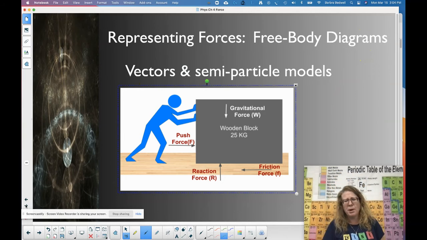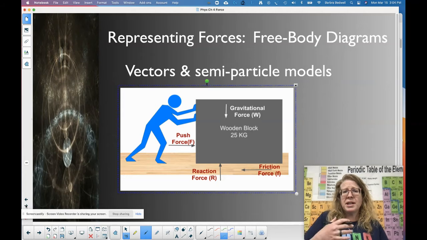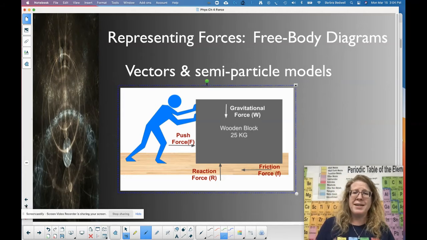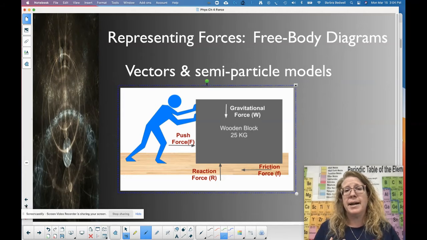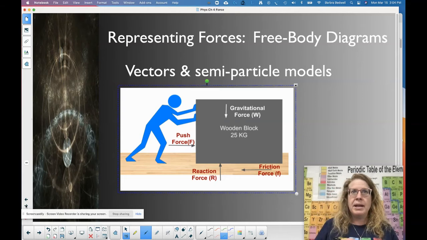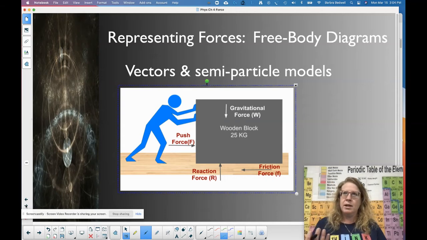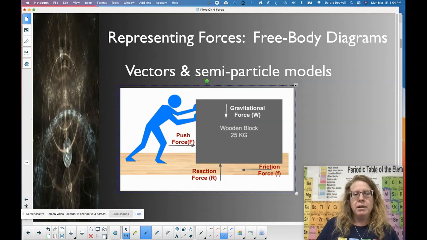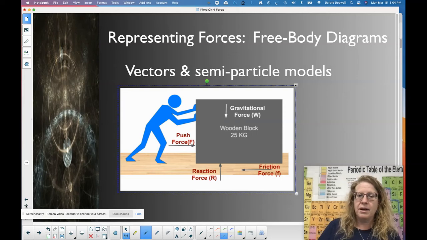Okay, so as we're trying to represent these, and I started to kind of draw one in that last picture, as we're starting to represent forces, we start to draw these diagrams, and these are called free body diagrams, a really common name for these things. Kind of like motion diagrams, but something doesn't have to be moving, so that's why we call them a free body diagram as well. It's a simplified model of the things that are present, and we're trying to label our forces that are present inside there.